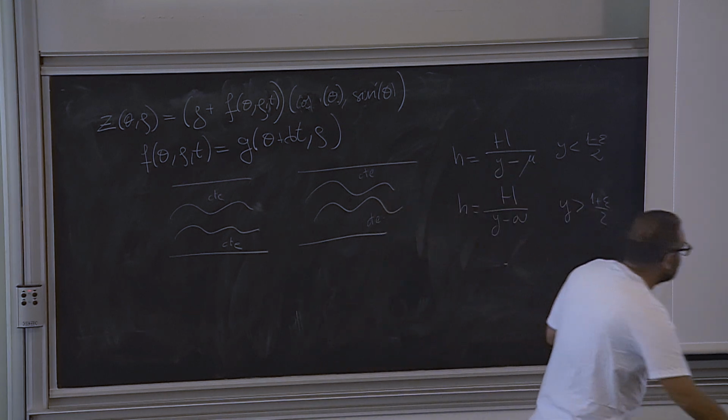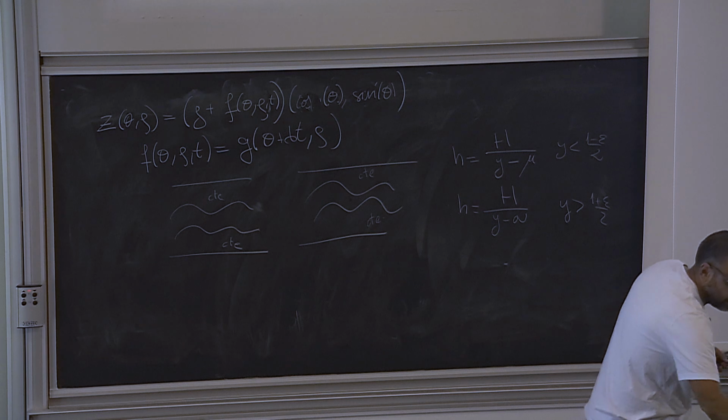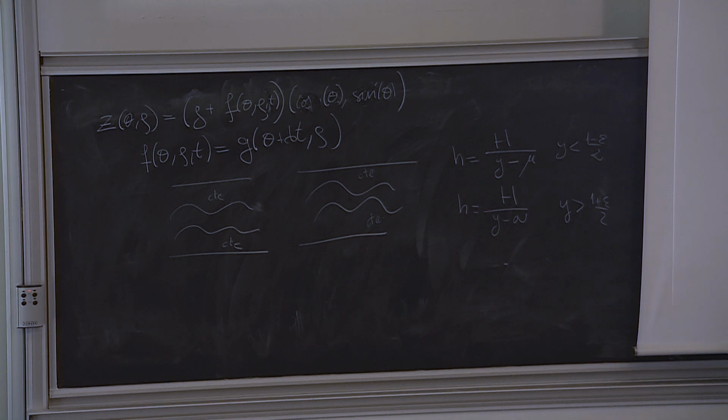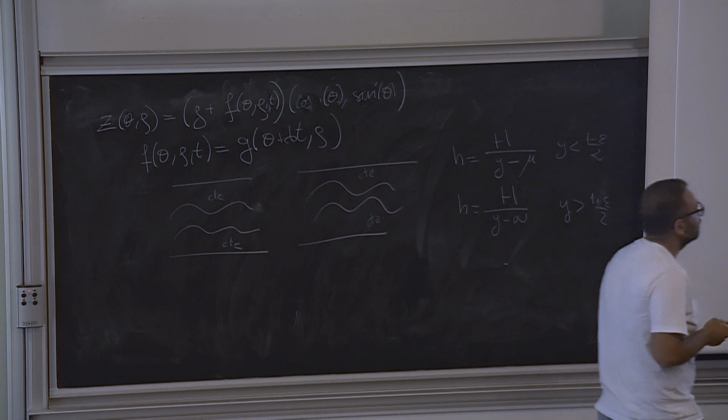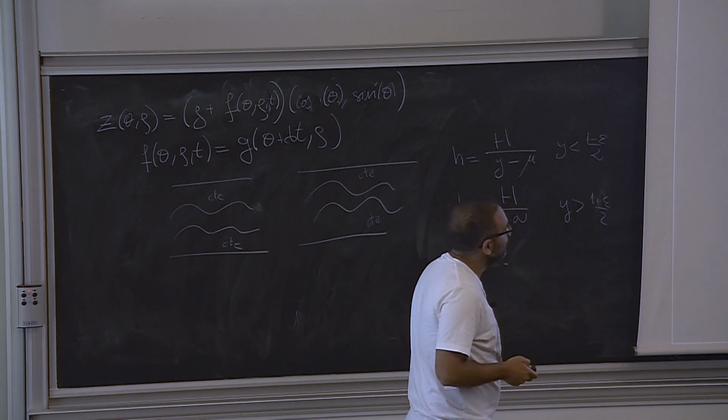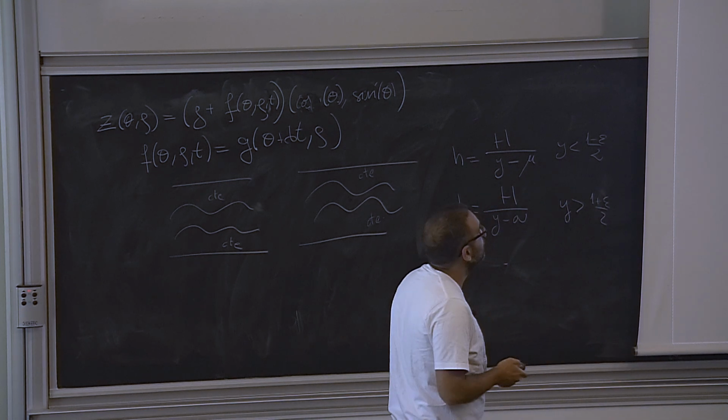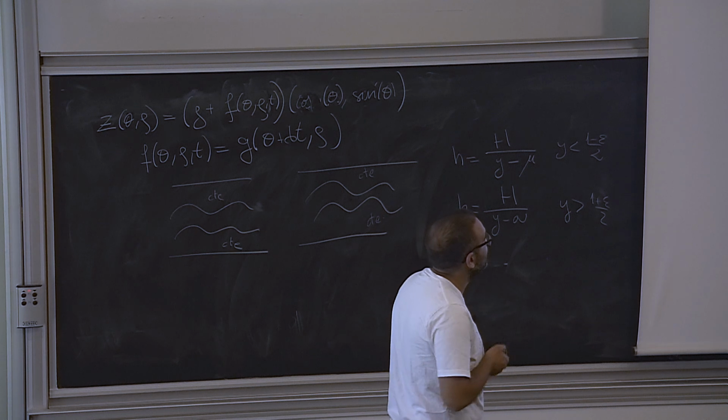And I'm going to assume that our values mu satisfy this condition that implies that the value nu is less than 1 plus epsilon half. Okay, everything is going to be more clear in the next slide.